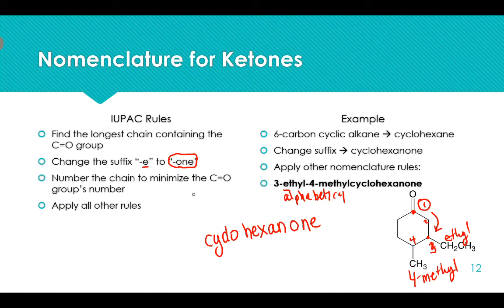So we're going to put the ethyl first and then the methyl. So 3-ethyl-4-methylcyclohexanone. And so you can see that the nomenclature rules just keep building upon what we've already learned.